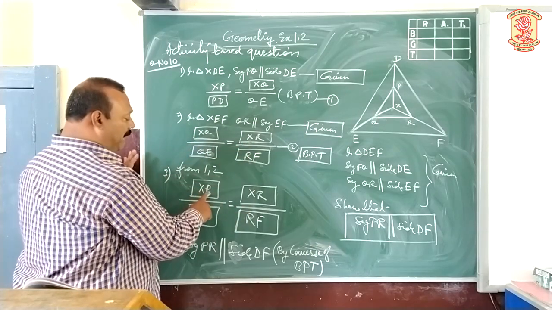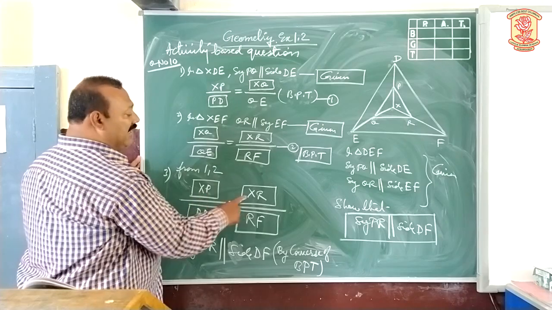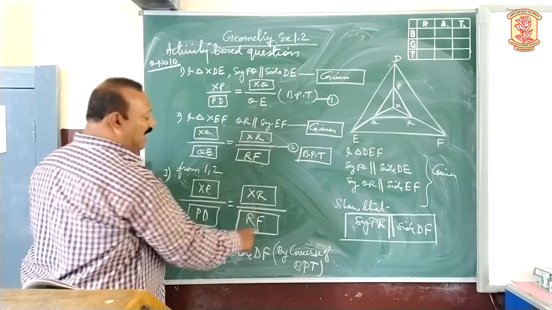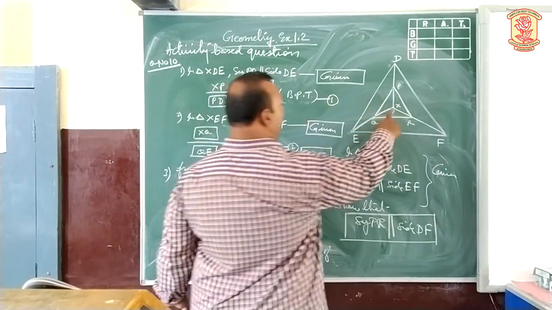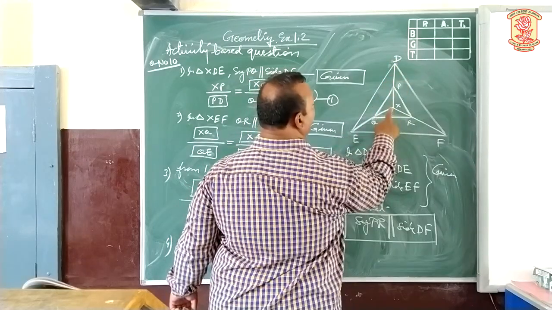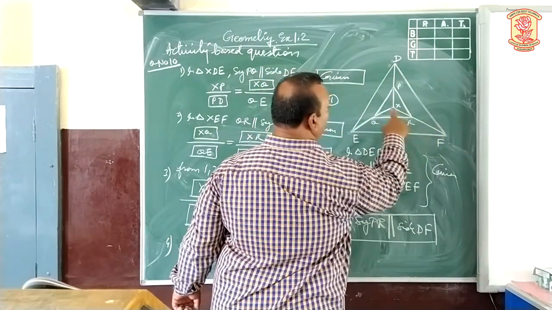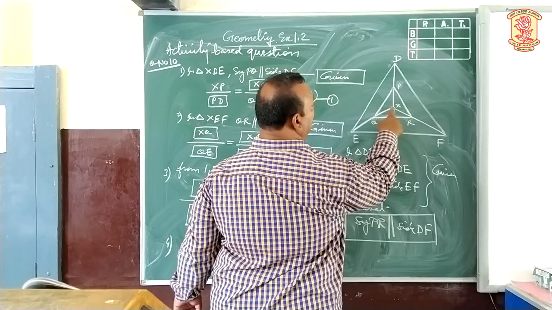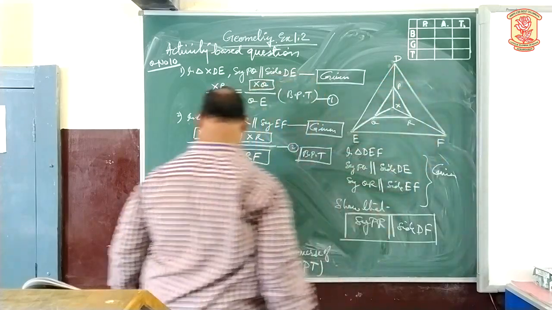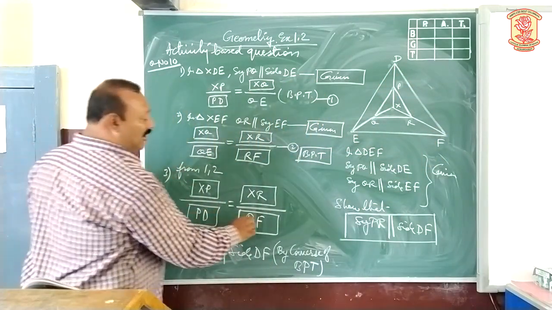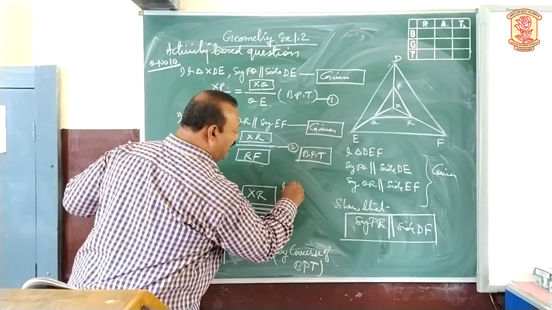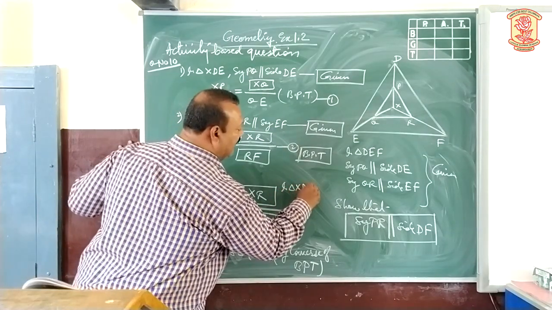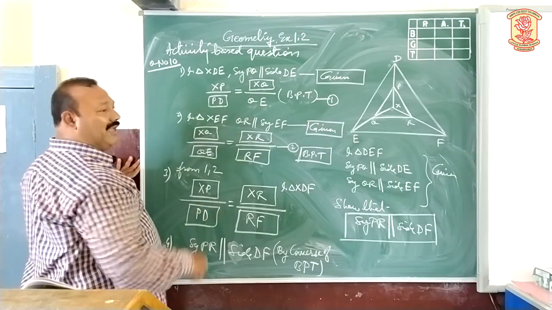Now, when XP upon PD equals to XR upon RF, where is the ratio? XP upon PD, XR upon RF, this ratio is coming in triangle XDF. Which triangle? Here it is not given. You can mention in triangle X, D and F. This ratio we are getting.